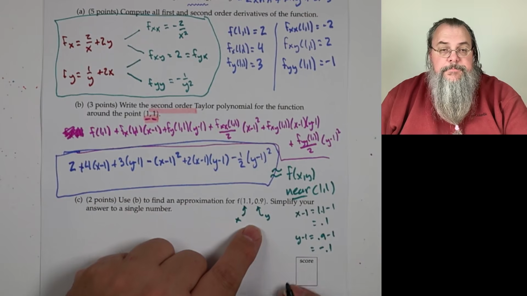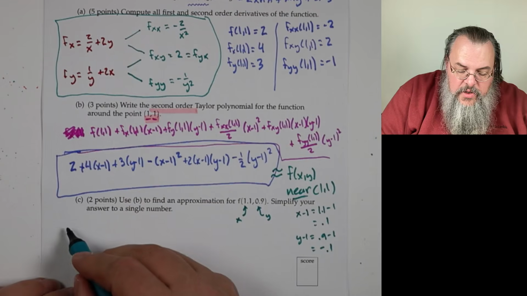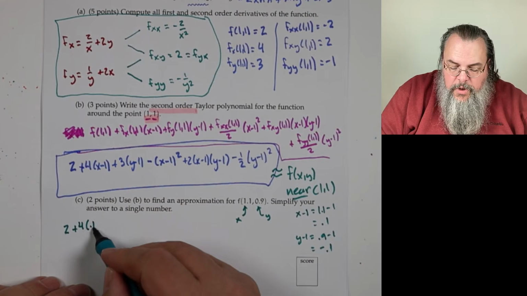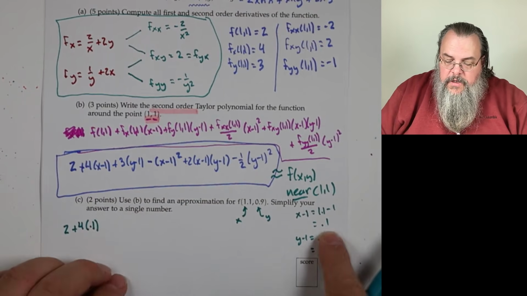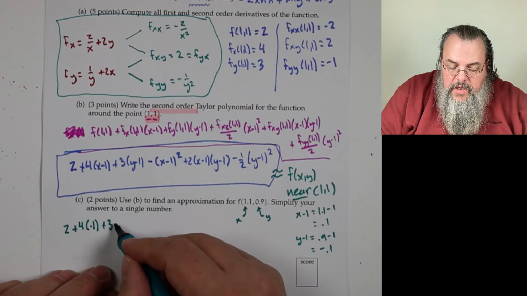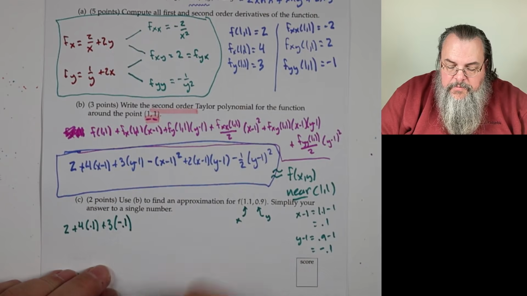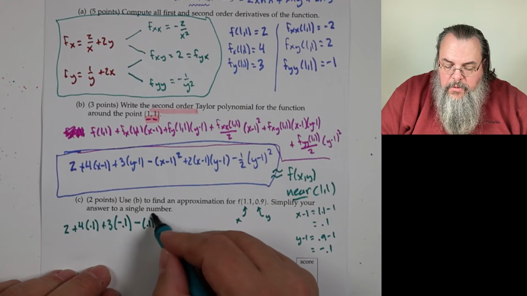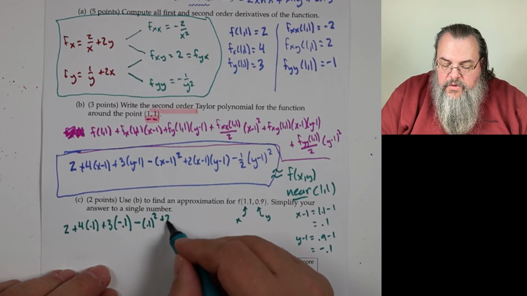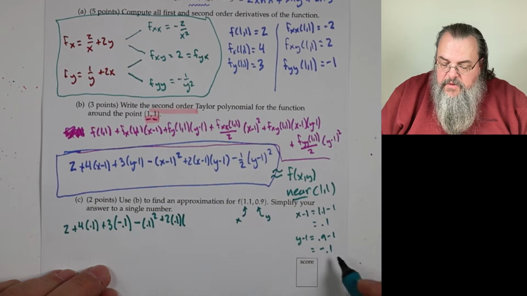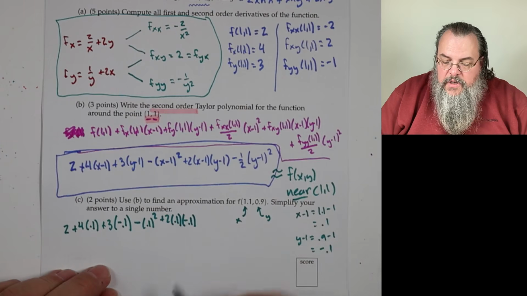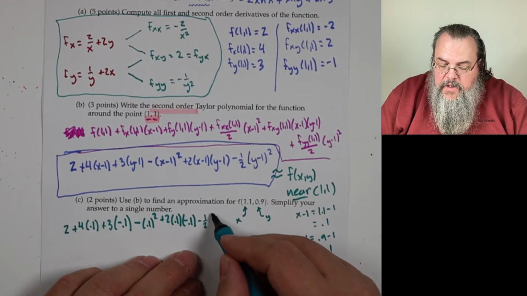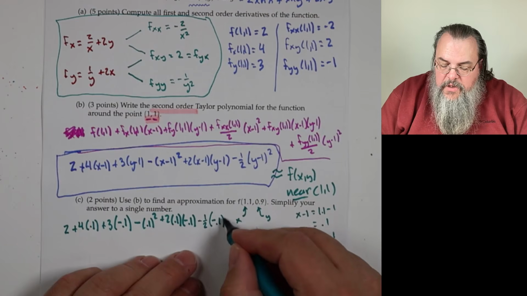that's negative 0.1. So we get 2 plus 4 times 0.1, and then plus 3 times negative 0.1, minus (0.1) squared plus 2 times 0.1 times negative 0.1, and then minus 1/2 times (negative 0.1) squared.